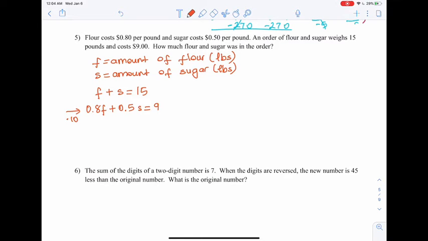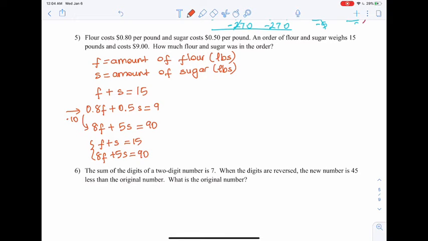So let's rewrite this equation as 8F plus 5S is equal to 90. We are going to multiply every single term in this equation by 10. Then here is our system: F plus S is equal to 15, and 8F plus 5S is equal to 90.